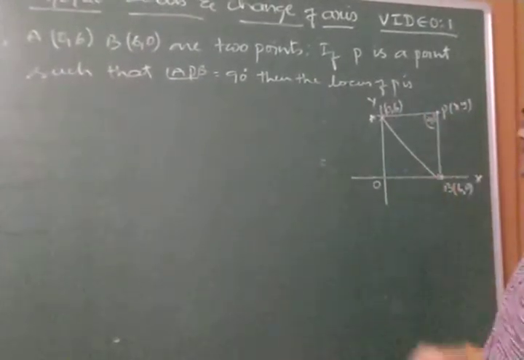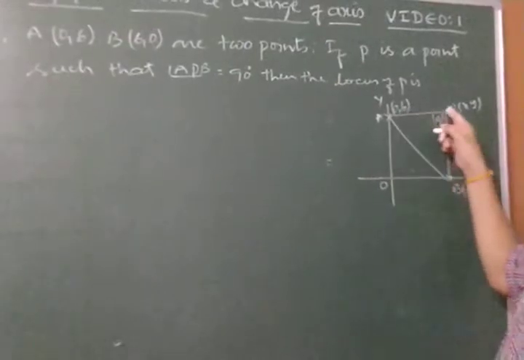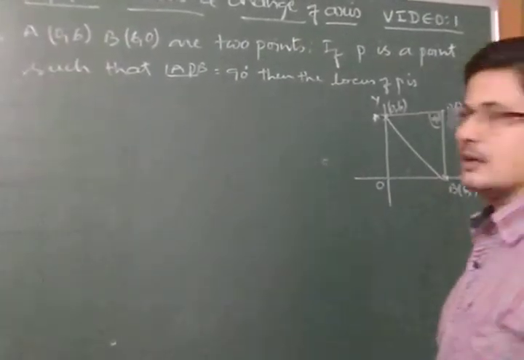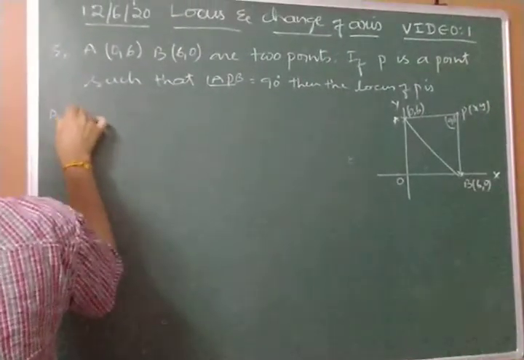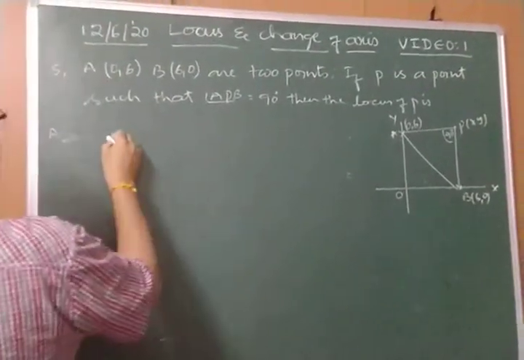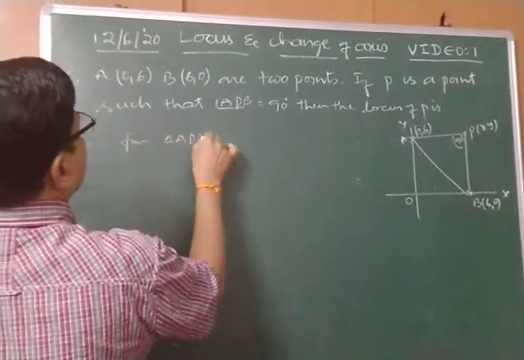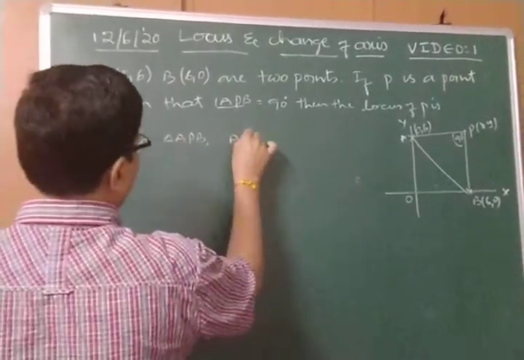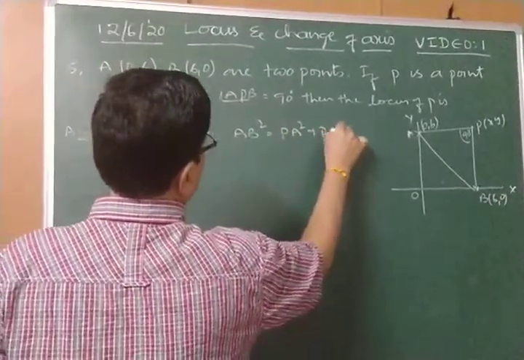From this right angled triangle, we know that this is the hypotenuse, this is adjacent, and this is opposite side. So from triangle APB, AB square is equal to PA square plus PB square.